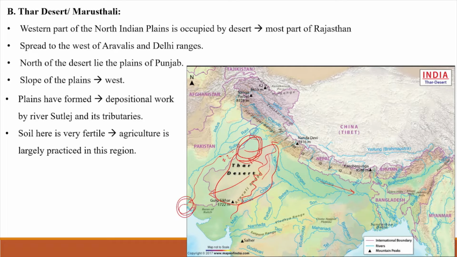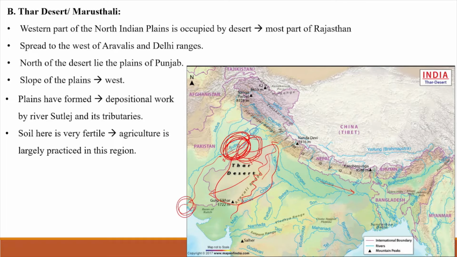Now this plain is mostly formed because of the deposition work done by the Satluj river over here and the different tributaries of Satluj. You cannot see it here, but there are different tributaries that contribute to the formation of this plain.